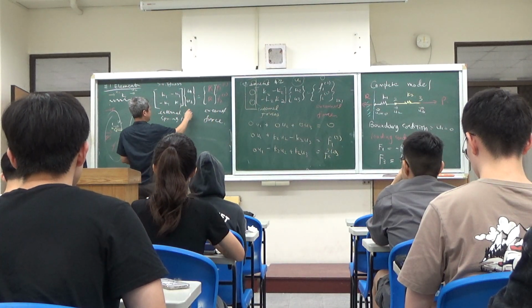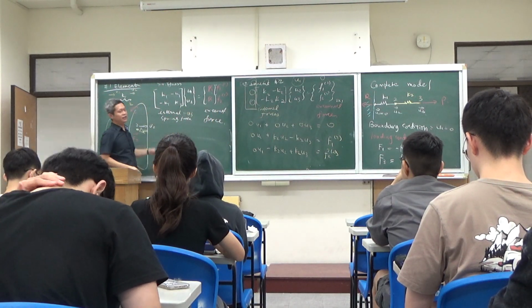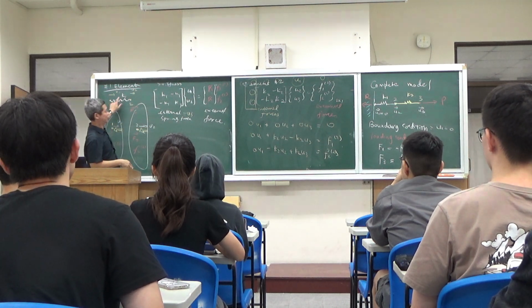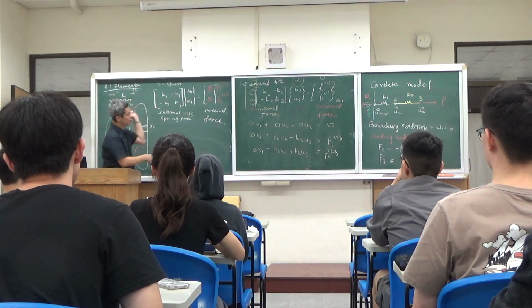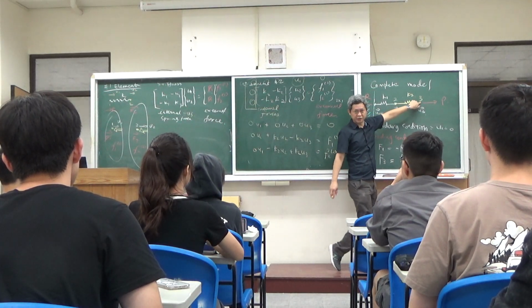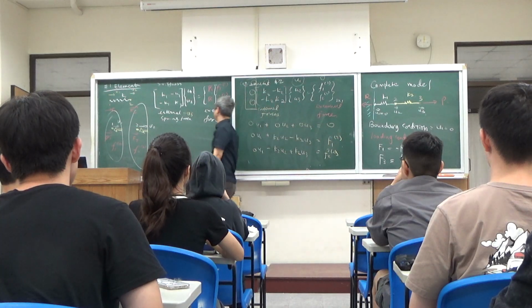So I have to do the extension for u3. In this case, the force coming from spring 1 will not contribute to node 3.